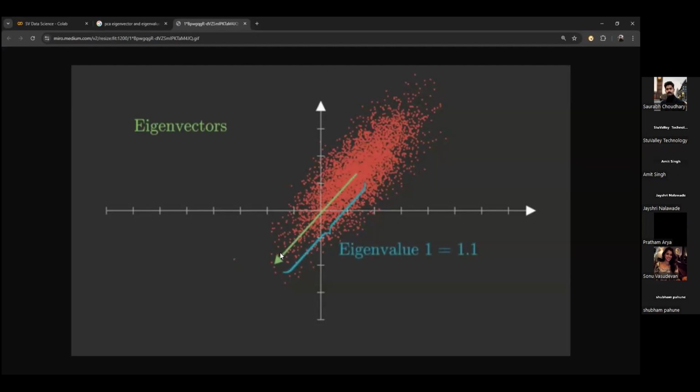See, the eigenvector is in this direction, and the eigenvalue decides the height.